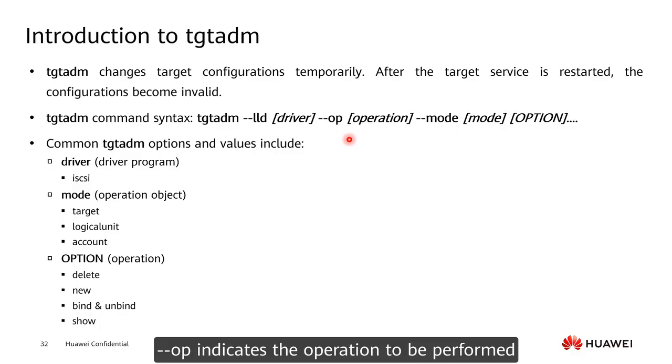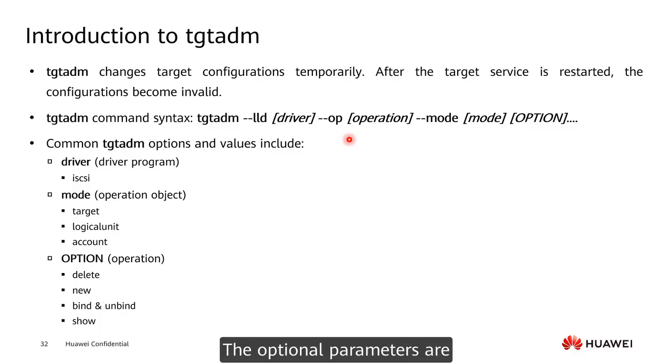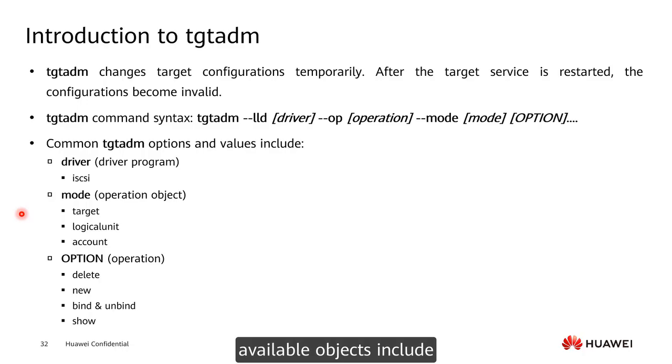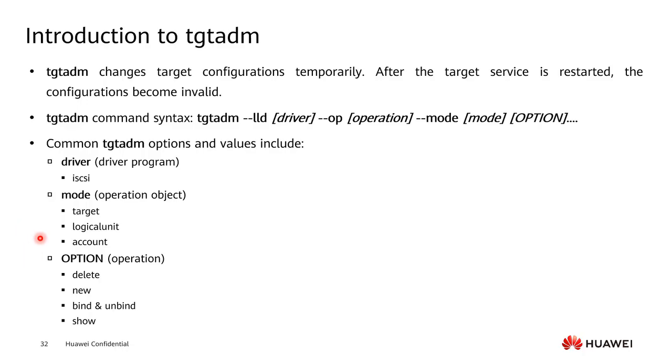--op indicates the operation to be performed. The optional parameters are delete, new, and show. Then --mode indicates the object to be operated. Available objects include target, logicalunit, and account.